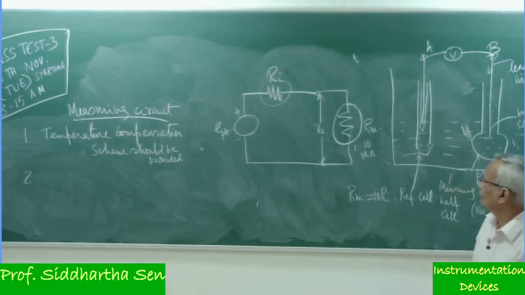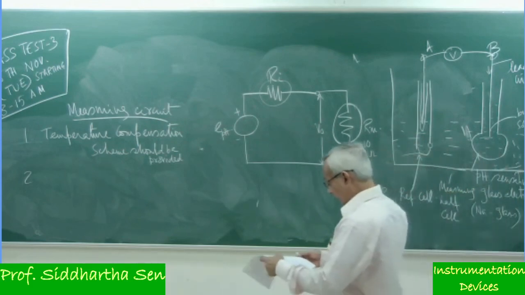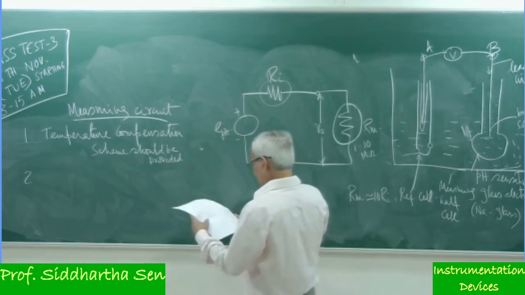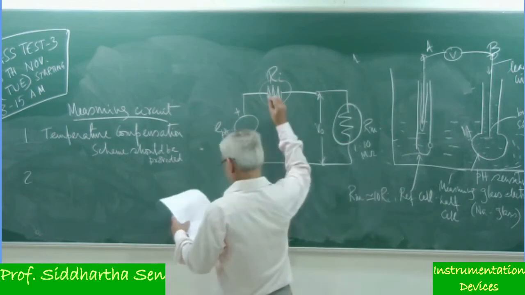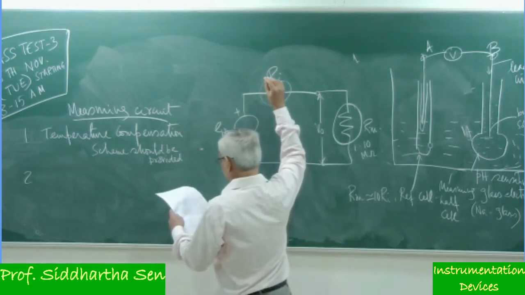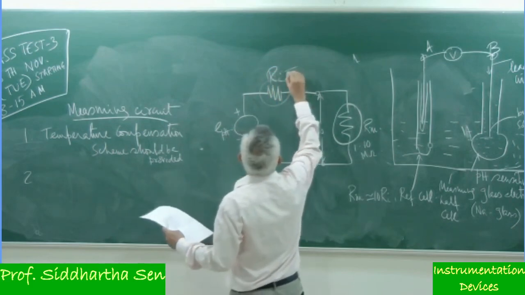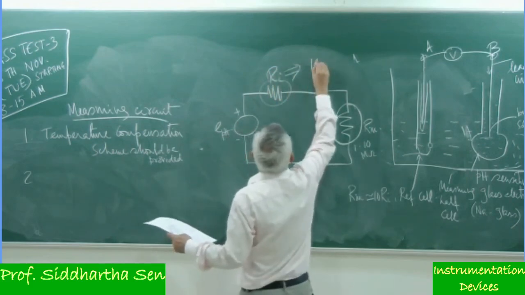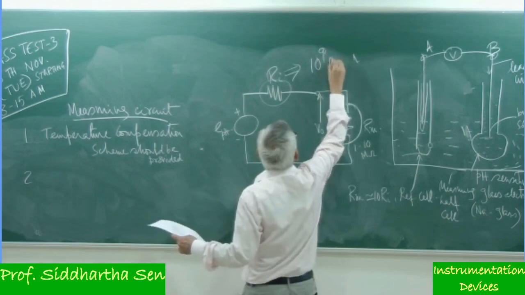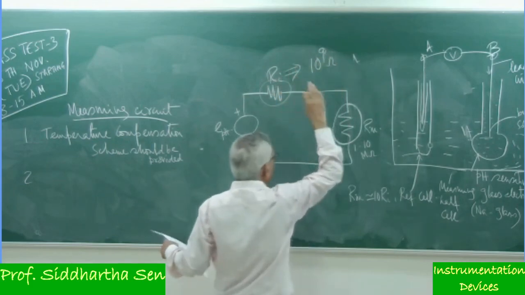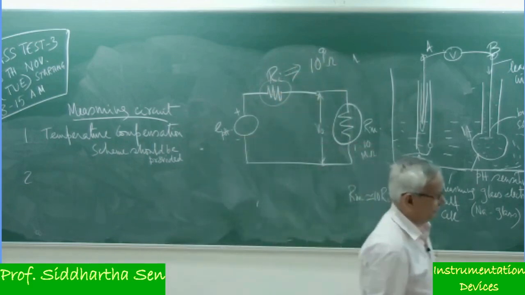And as a result, this Ri is approximately in the range of 10 to the power 9 ohm. That means in the range of giga ohm there.